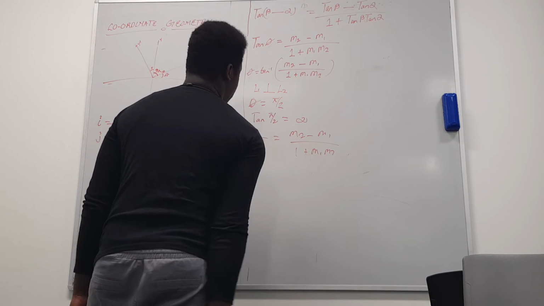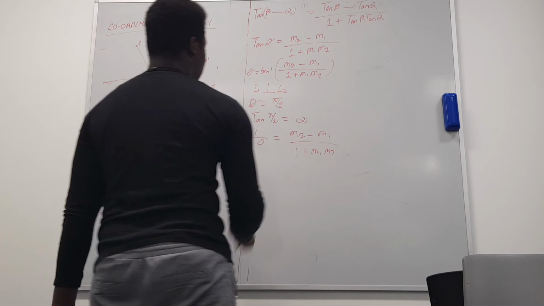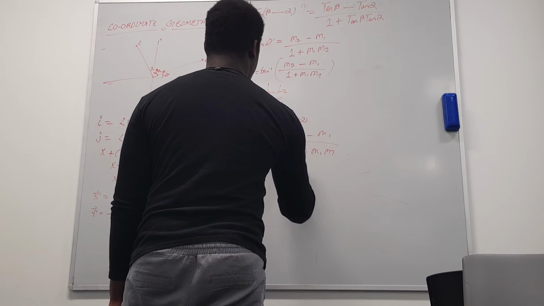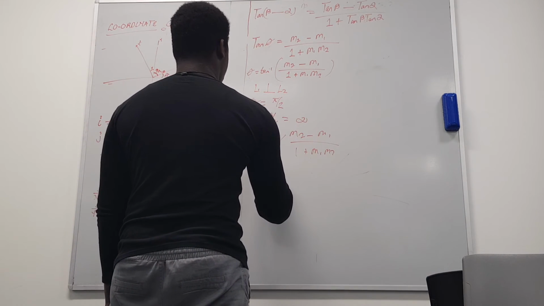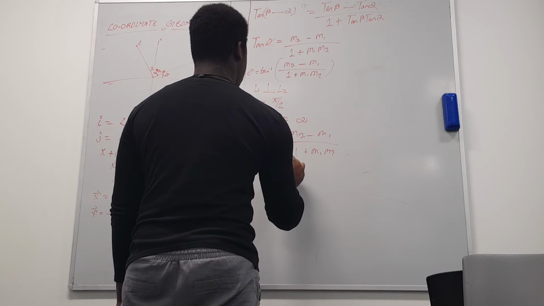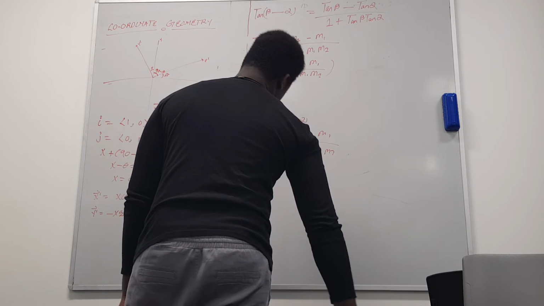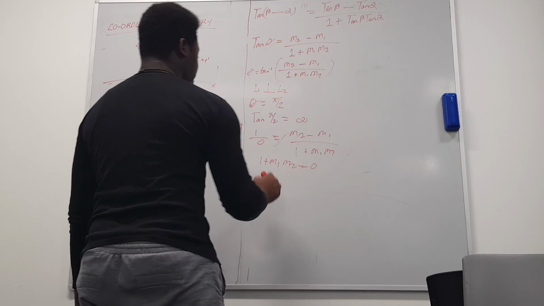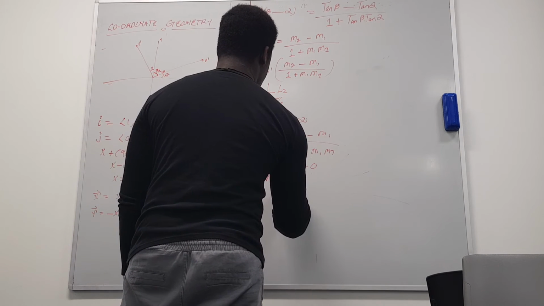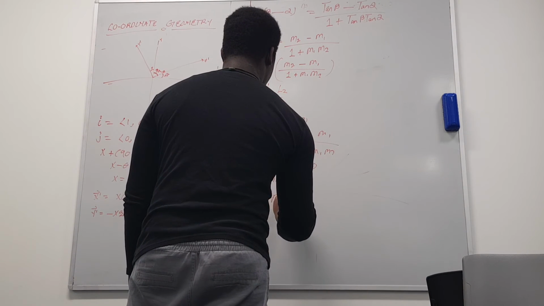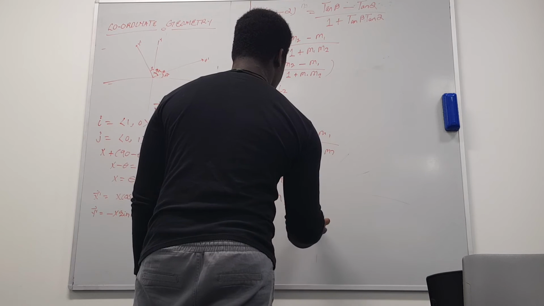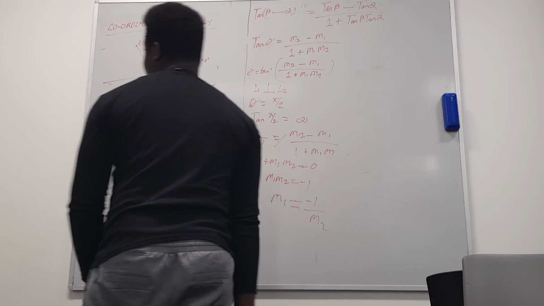Of course, multiply. We have that this equals 0, so I have 1 plus M1 M2 is equal to 0. So M1 M2 is equal to -1, M1 is equal to -1 divided by M2.